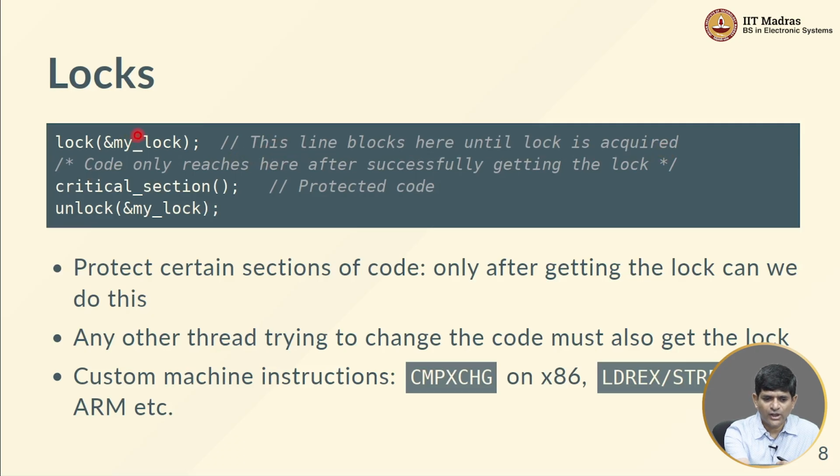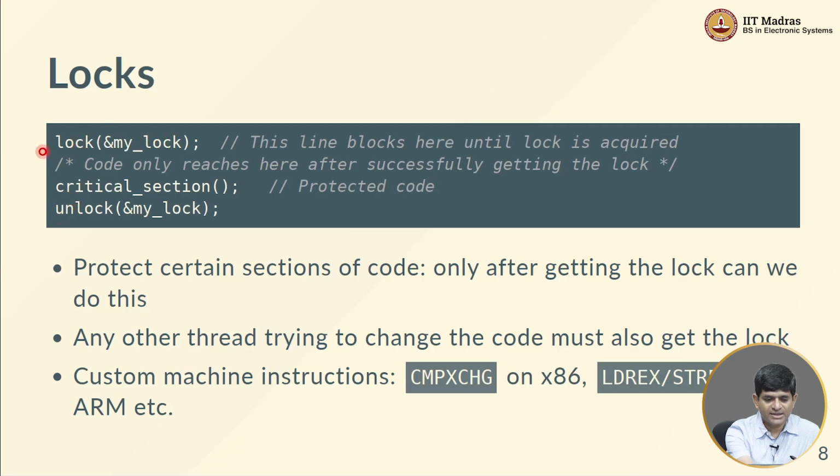So if I have some way of testing the value of my lock, and if it satisfies a condition, like if it is 0, I immediately increment it, then I can be sure that anybody else who is also trying to lock on my lock, the moment I lock it, nobody else can do so, because anyone else who looks at that value will see that it has now become 1.